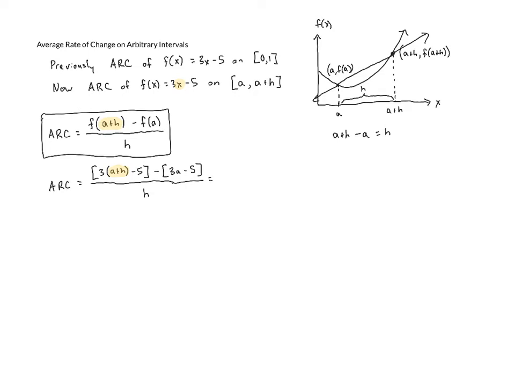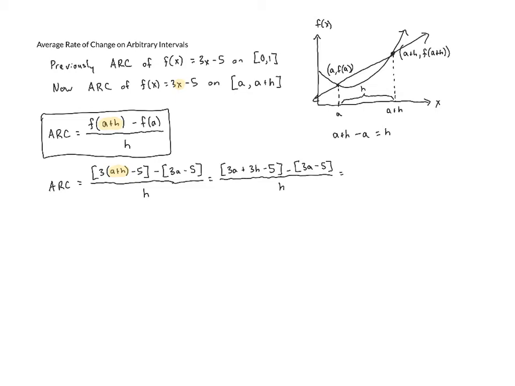Now we have to simplify this expression. We can distribute the 3 in the first pair of brackets. That gives us 3a plus 3h minus 5. And then from that, we're subtracting 3a minus 5 all over h.